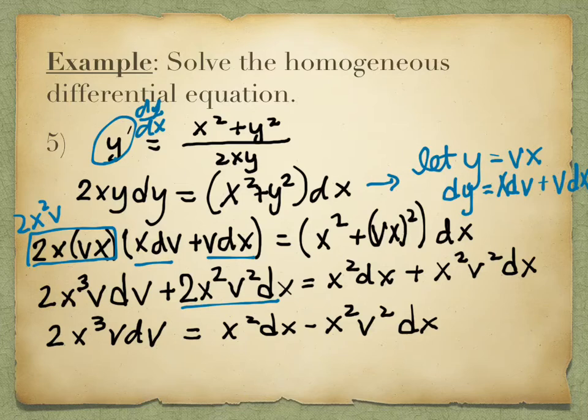All right. Now it's perfectly fine that the left-hand side has the x cubed, the v, and the dv all in it. The right-hand side though needs a little bit of work because I still have 2 dx's. So in essence, I'm going to factor out the dx, and I'm going to factor it out at the end.